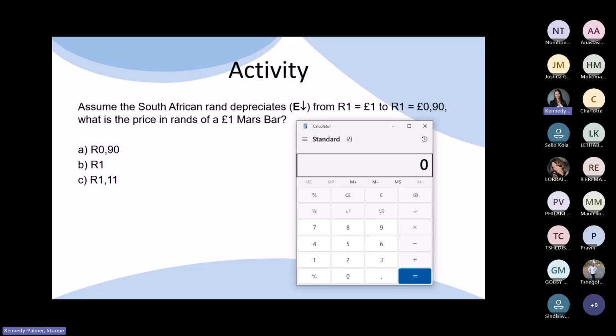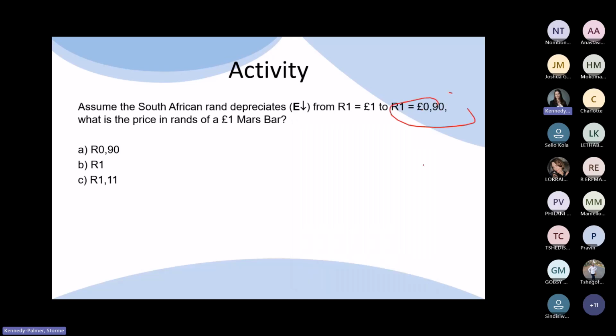So how did we get there? We now know that the currency depreciated from R1 equals £1 to R1 equals 90 British cents.